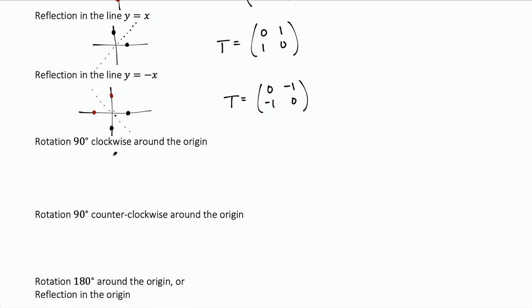For rotations, this process works for all of them. For a rotation of 90 degrees clockwise, if I look at the point (1, 0) and go 90 degrees clockwise, that takes me to the point (0, -1). I look at the point (0, 1) and rotate that clockwise, and that ends up at the point (1, 0).